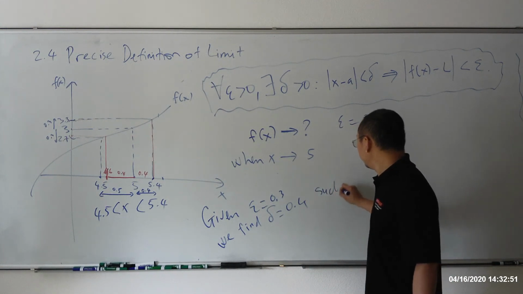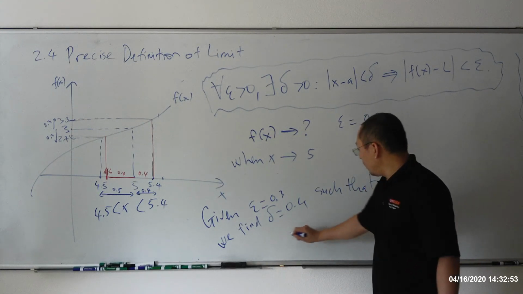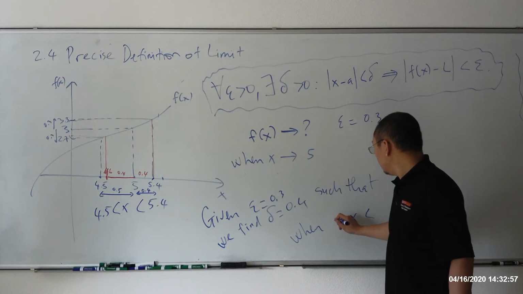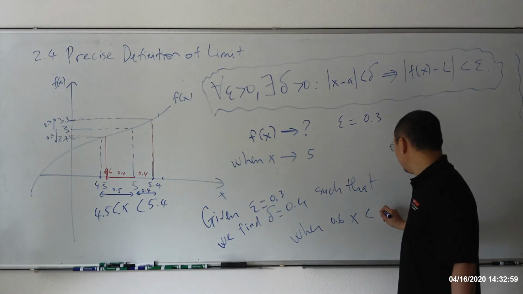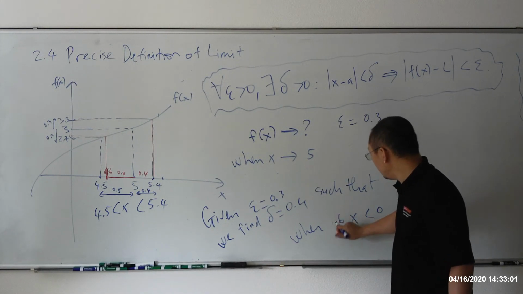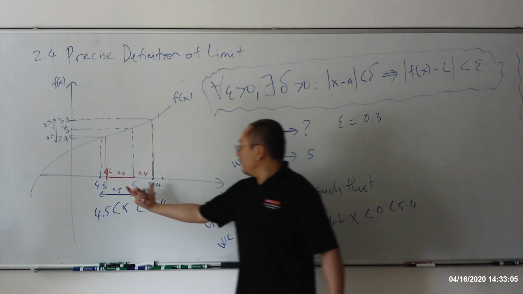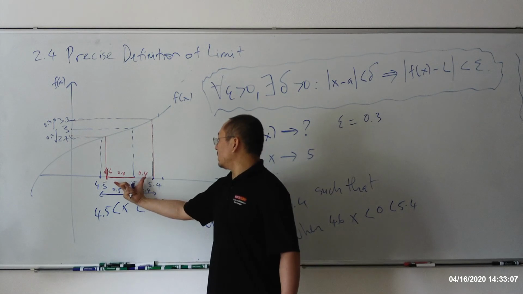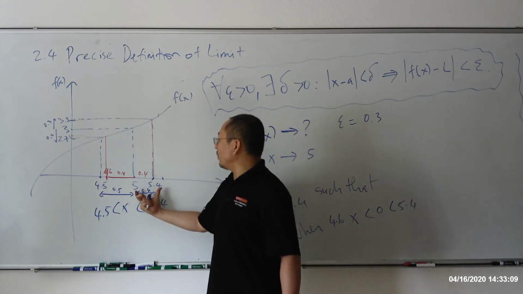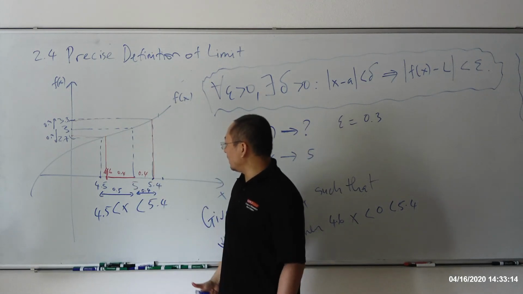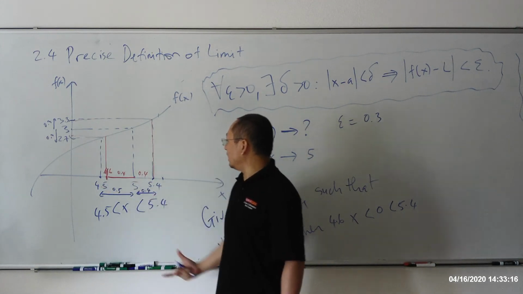Such that when x is between 4.6 to 5.4, of course 4.6 to 5.4 is included inside 4.5 to 5.4, so our interval is safe. It's really contained inside the big interval.